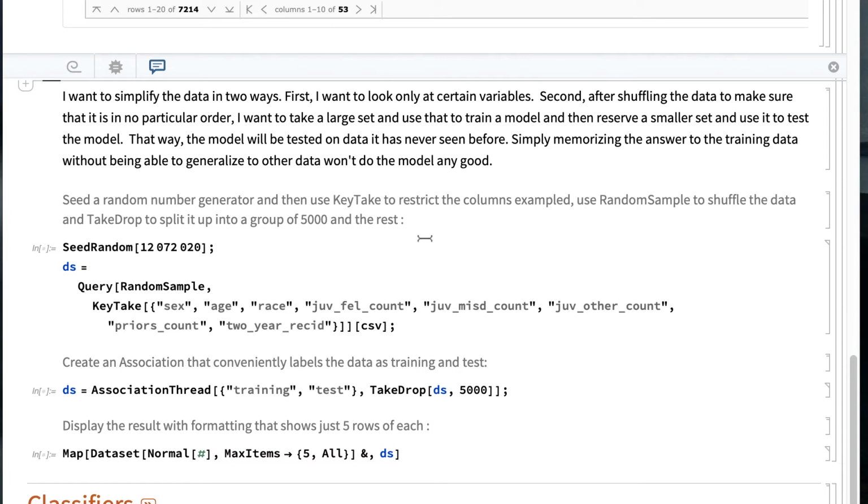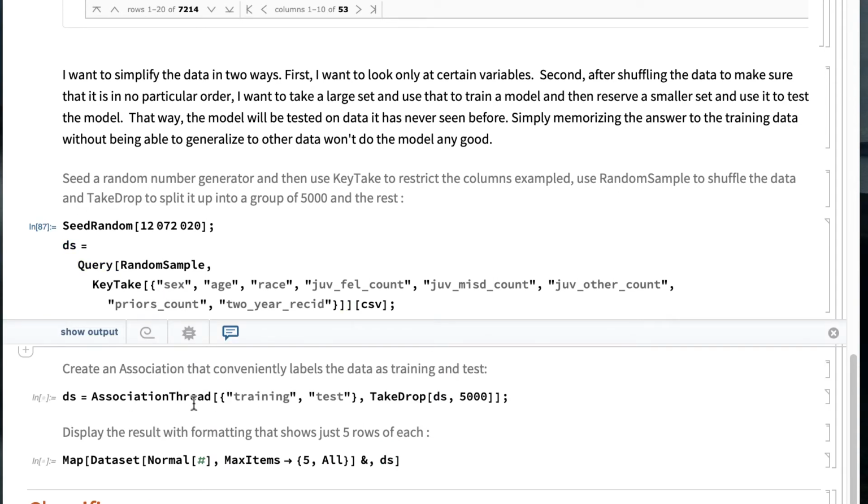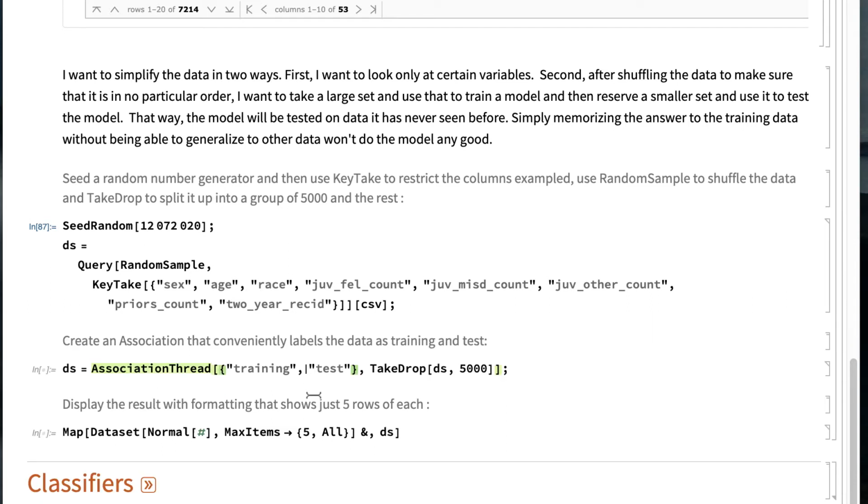And then I just want data on the sex of the offender, the age, the race, their juvenile felony count, their juvenile misdemeanor count, their juvenile other counts, the number of priors they had, and then what we're trying to ultimately predict, which is their 2-year recidivism, whether they recidivate within 2 years of leaving prison. So I'm going to seed our random number generator so that this is replicable, and then get a sampling of the data. I'm then going to put that data in good shape here, creating training data and test data.